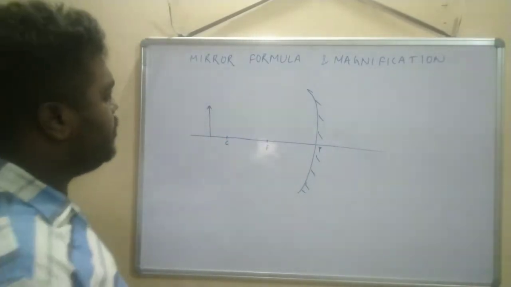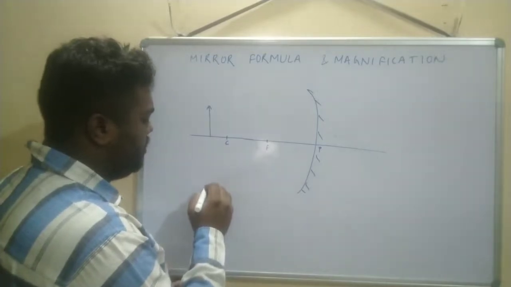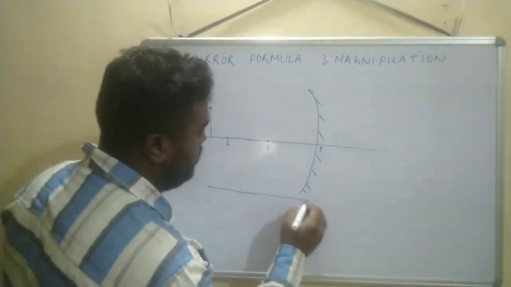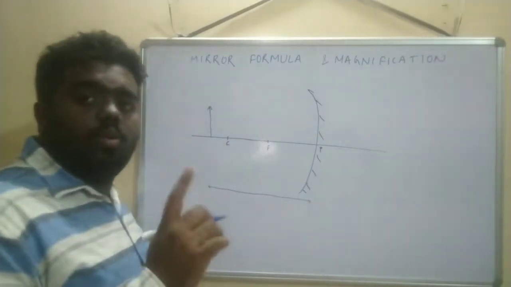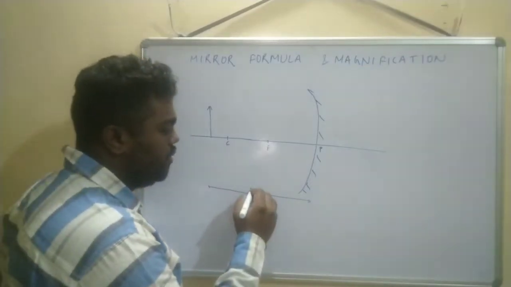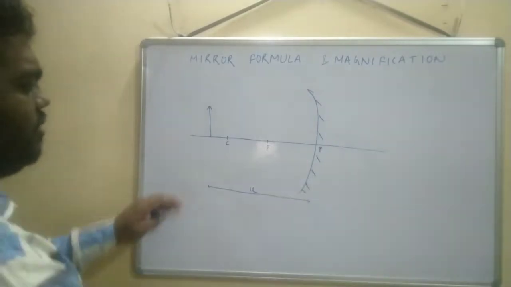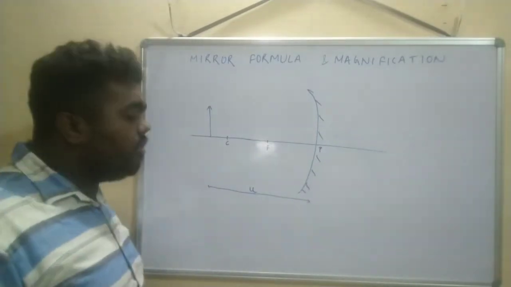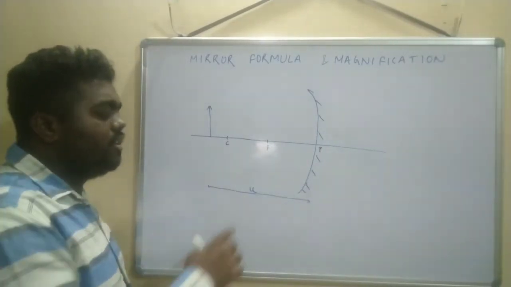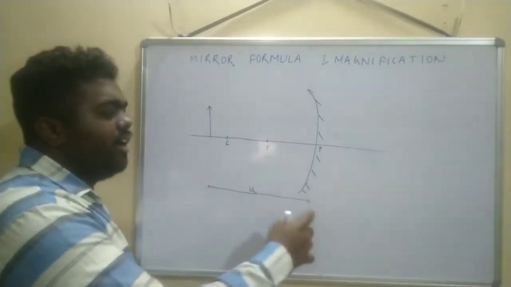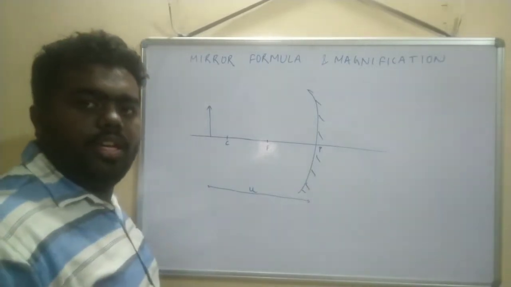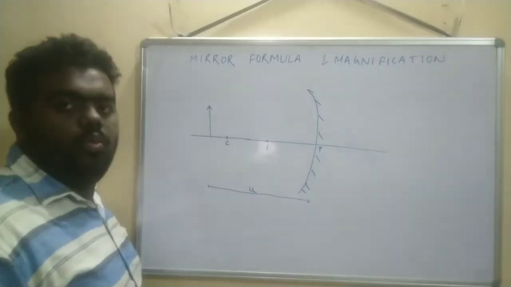Now the distance between this object and the pole is denoted by small u. Remember this thing, this line can be a bit straight, no problem. Now the distance between the object and the pole is u.